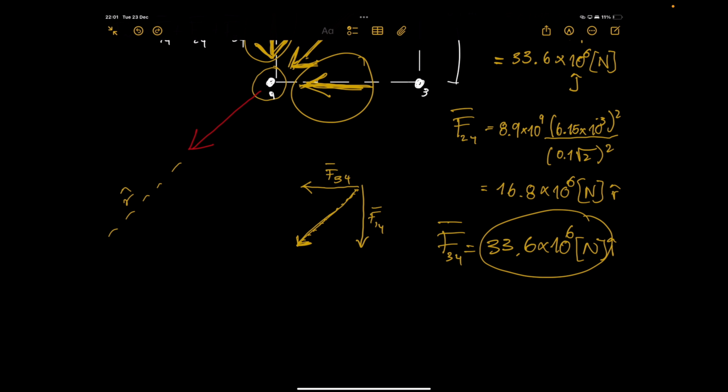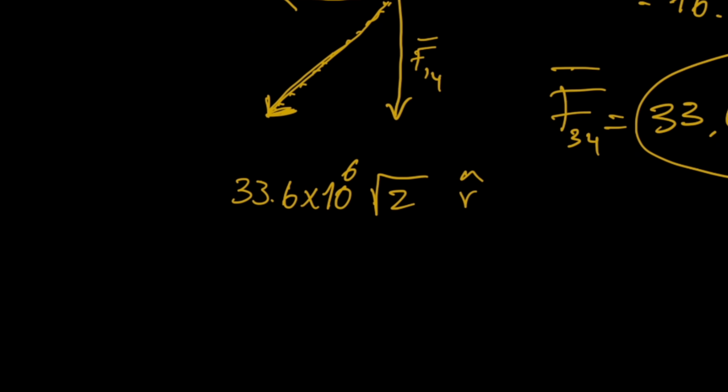So this magnitude is 33.6 times 10 to the 6 times the square root of 2, in the R direction, because we just invented this name, and that equals 47.6 times 10 to the 6 newtons in the R direction.